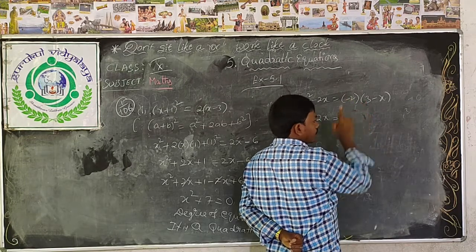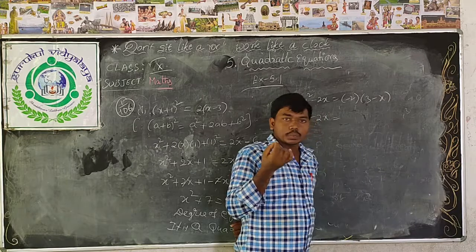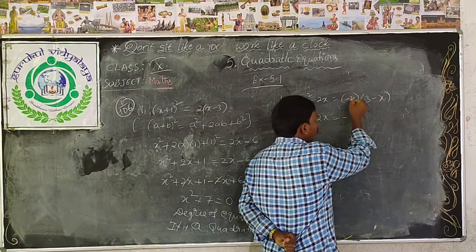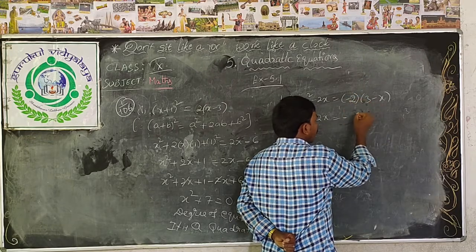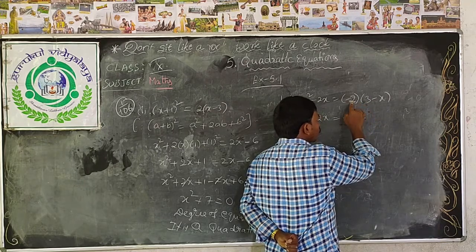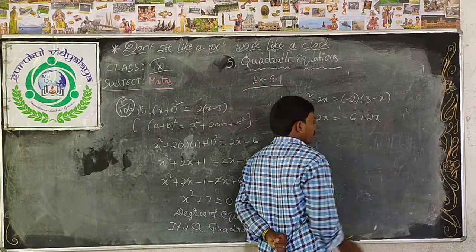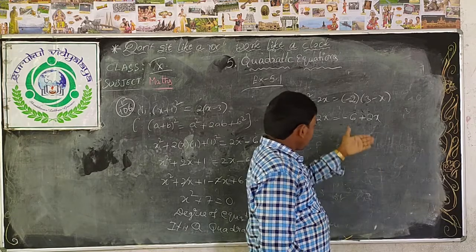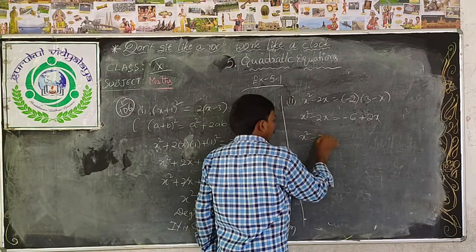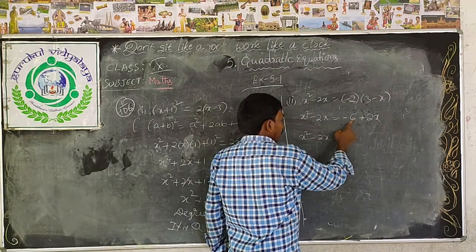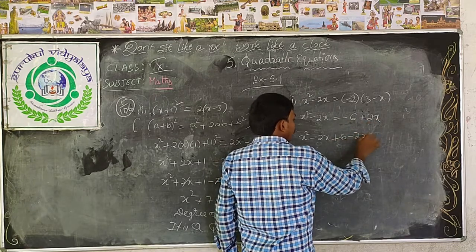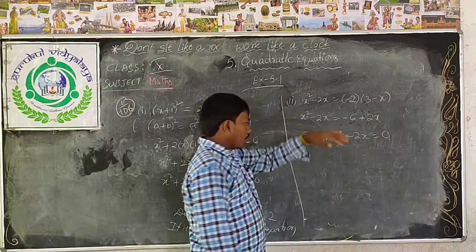In front of 3 there is no symbol, which means plus. So minus into plus is minus, 2 threes are 6. Again minus into minus is plus, 2 into x, 2x. Now the RHS values transform to the LHS: x square minus 2x minus 6 plus 2x is equal to 0. There is no number on the right, just 0.